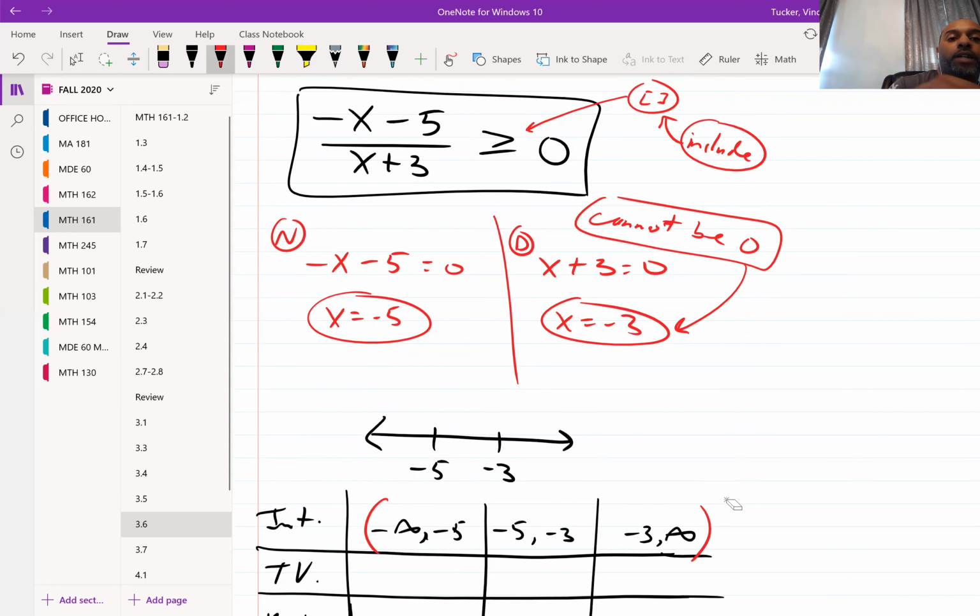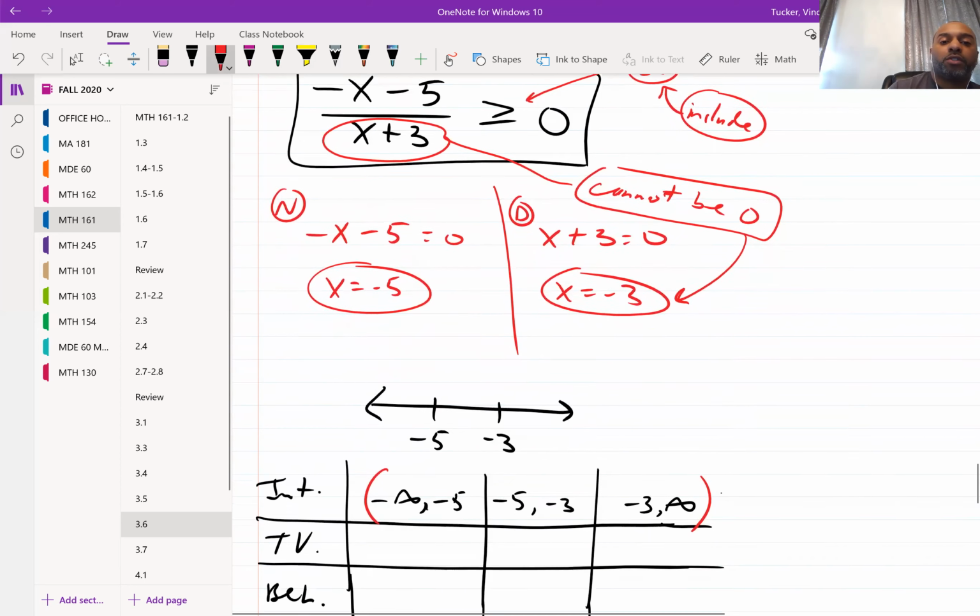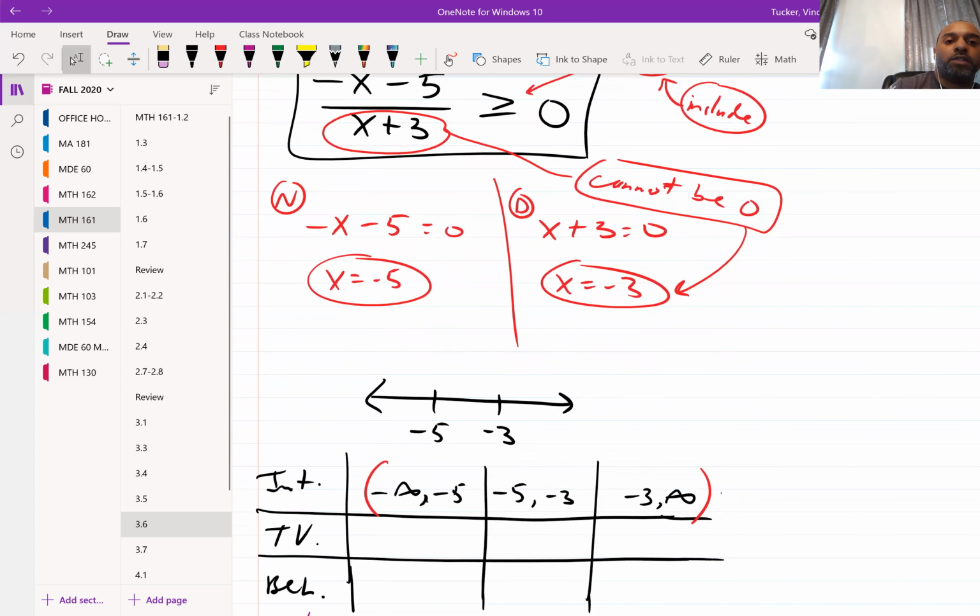So that value cannot be included. So I would actually use a bracket on the -5 because that can be 0. 0 in your numerator is fine, but I cannot use a bracket on the -3. I have to use parentheses.